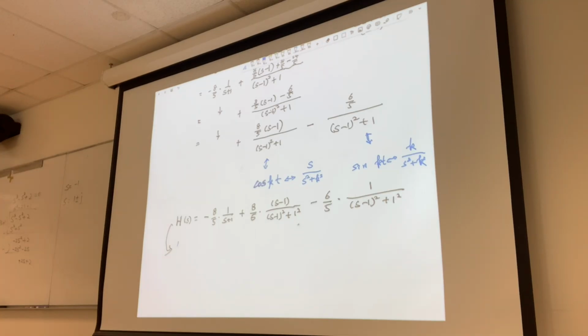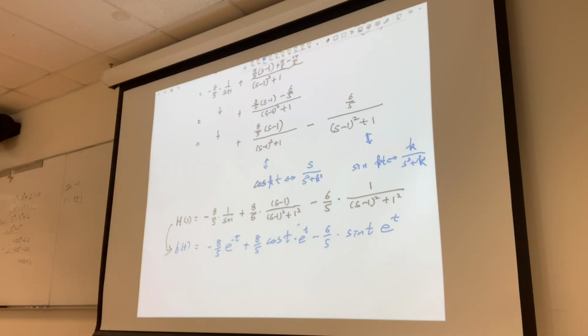If you take the inverse Laplace transform, h of t equals negative 8 over 5 e to the negative t, plus 8 over 5 cosine t, ignoring the minus 1, and what's the value of k? 1. And with the shifting, e to the positive t, minus 6 over 5 times sine t times e to the positive t.